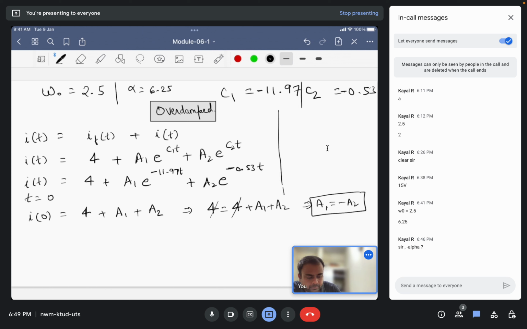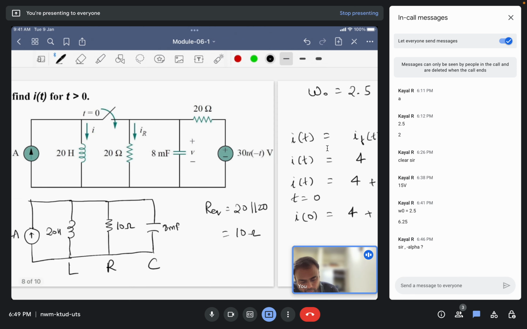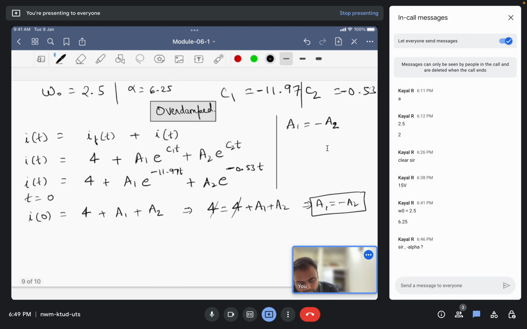Okay. So A1 is equal to minus A2. This is the first equation. And also from the initial conditions, we know the voltage drop across the capacitor is 15 volts. So let us put that also. So we know the voltage drop across the inductor will be the same as the voltage drop across the resistor, and the same as the voltage drop across the capacitor.